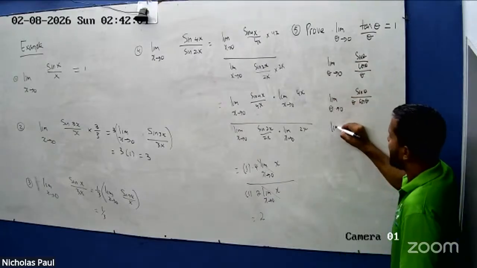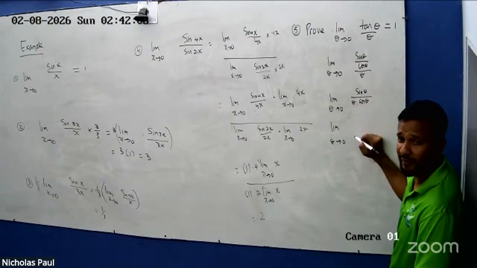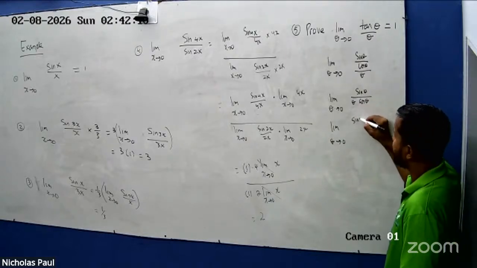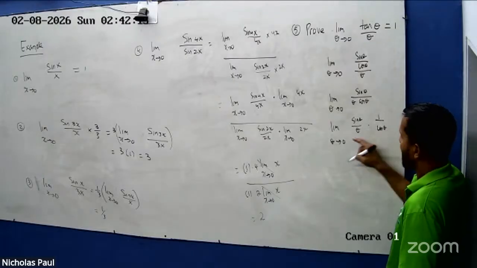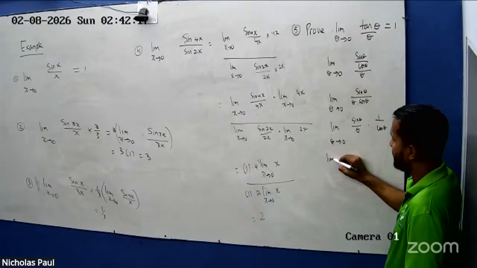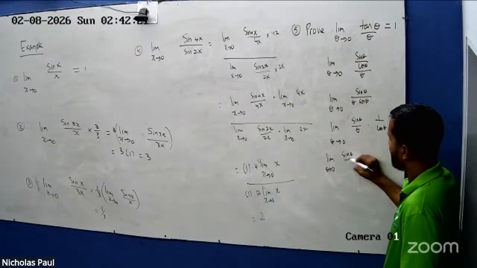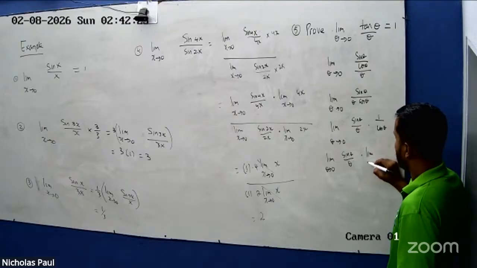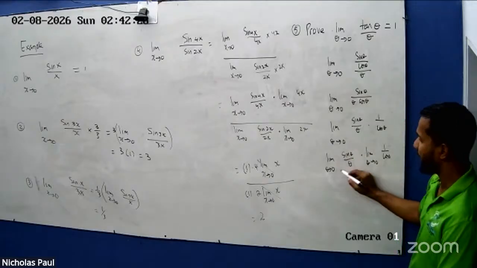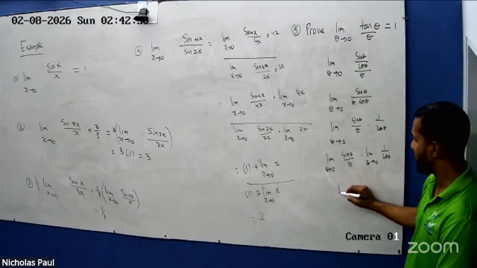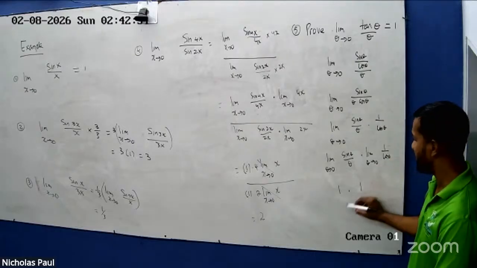So you end up with the limit as theta approaches 0. How can I break this up for it to make sense? Sine theta over theta by 1 over cos theta, and then I could use the limits of both of them. What's this value here? This value is 1. What's this value here? Cos 0 is 1. 1 on 1 is 1.